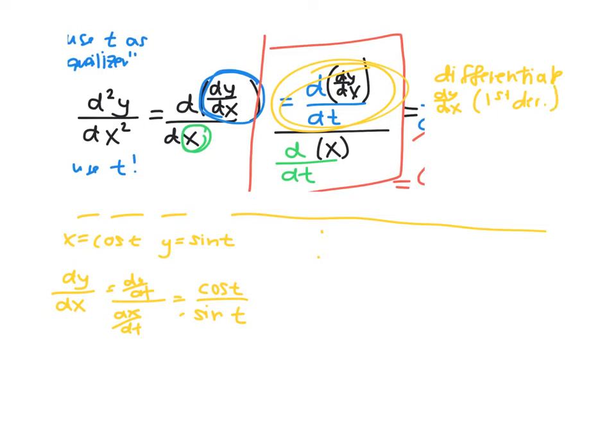So in other words, we're just going to differentiate the first derivative with respect to t, which is super easy. Just find the derivative again.